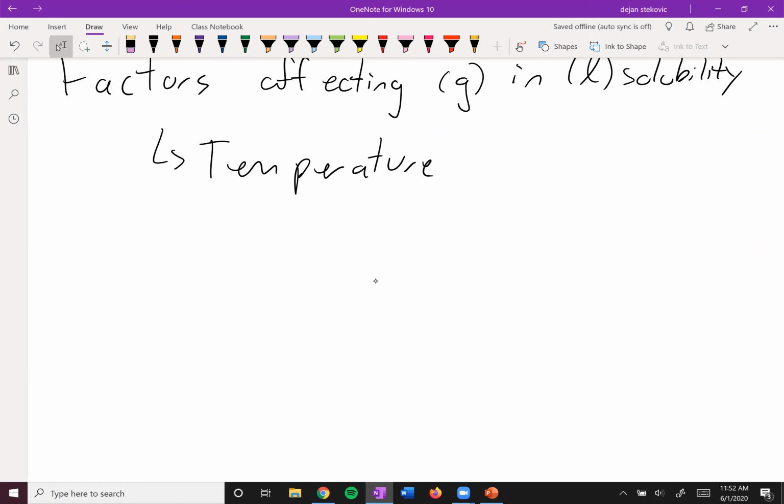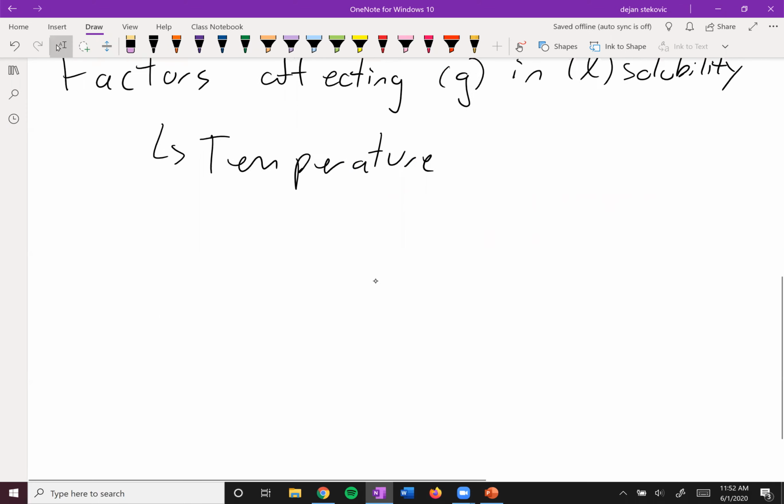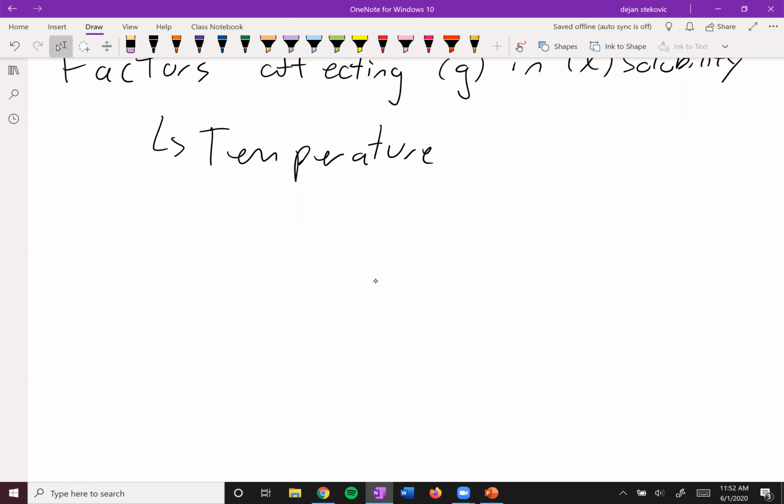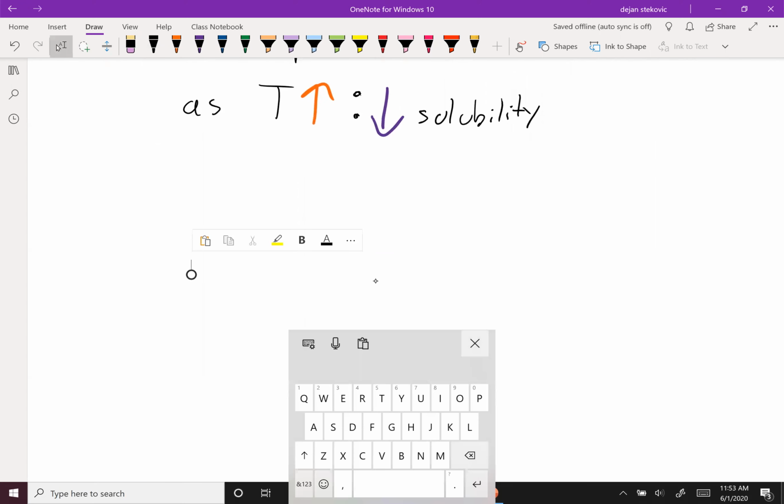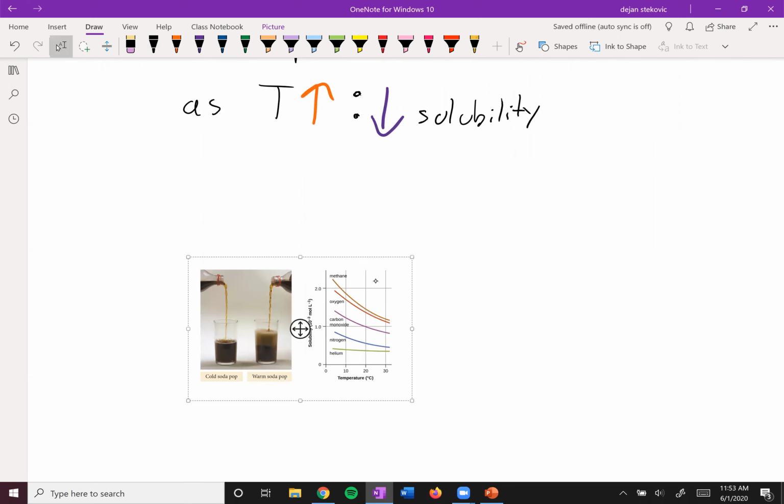If you put more energy in, you're going to break those intermolecular forces and release more gas, so solubility is going to go down. As temperature increases for gases, the solubility decreases. That's because you're breaking these intermolecular forces and causing more of it to go into the gas phase.